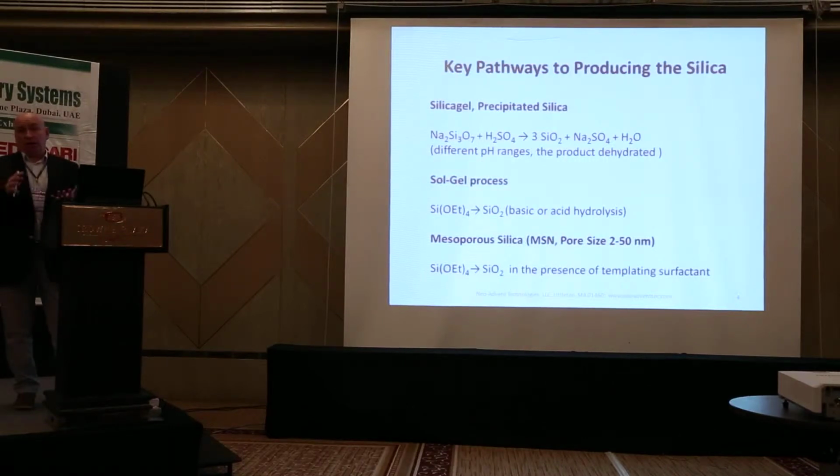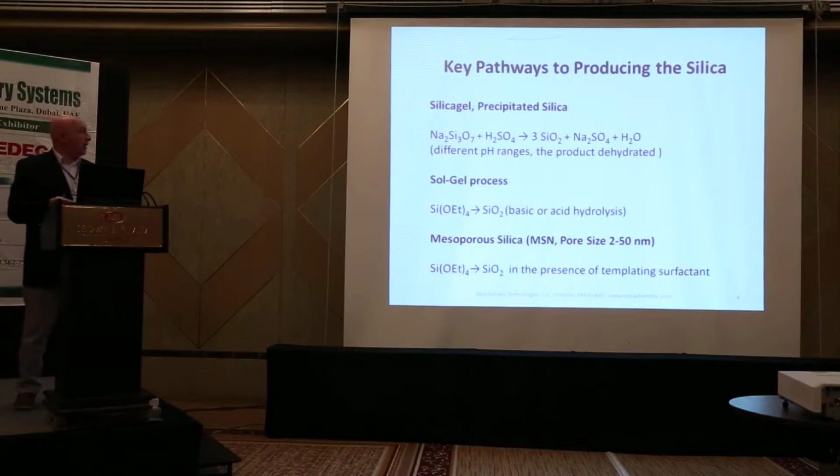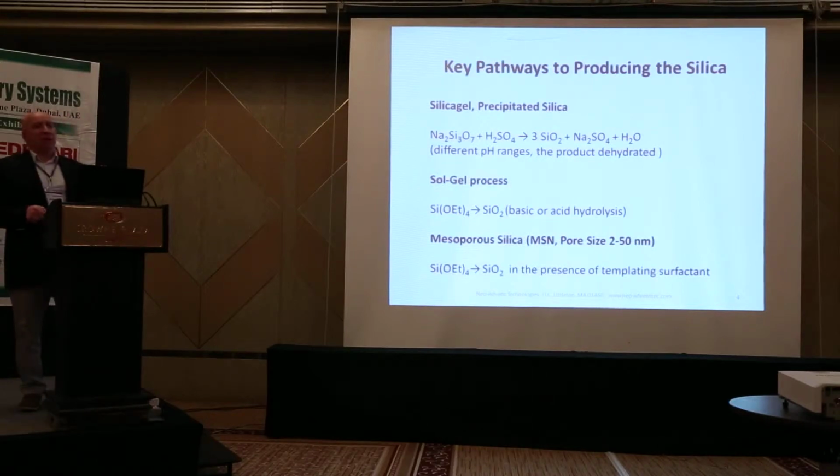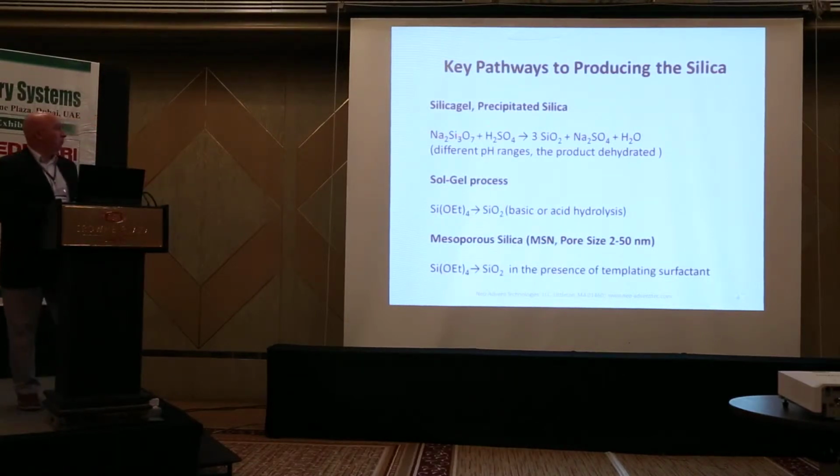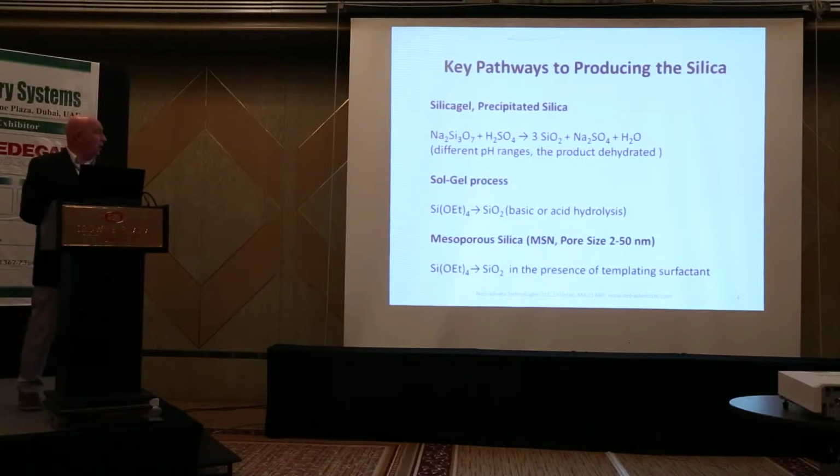Then you filter that, dehydrate, and you end up with silica gel and what's also called precipitated silica. This process is mainly used by industry to produce a variety of silicas that we use in myriads of different products, like tires and fillers. That's number one.